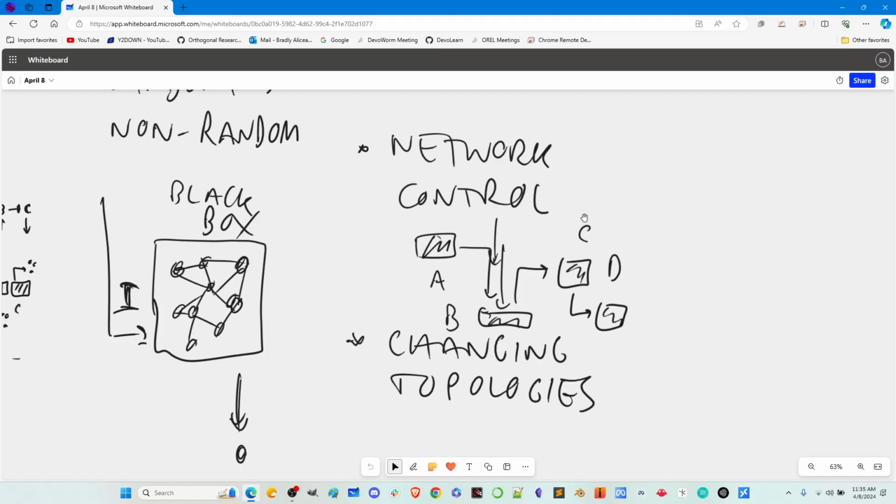So in a complex network, we have hubs like this, and they control all of these downstream nodes. These nodes are sort of dependent on this hub for connection to the wider network. And so this hub is said to be a control node.